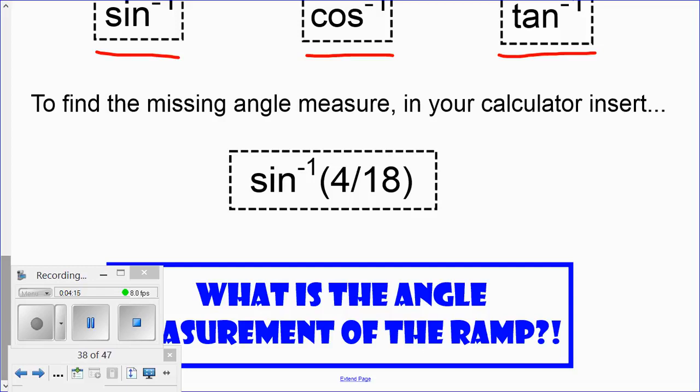And when I do that, it's giving me that the measure of angle A is approximately 12.84. And these are degrees. Okay, so that's how we use inverse, in this case sine, but it could be cosine or tangent, to find the missing angle measure. So the angle measurement of the ramp is approximately 12.84 degrees.